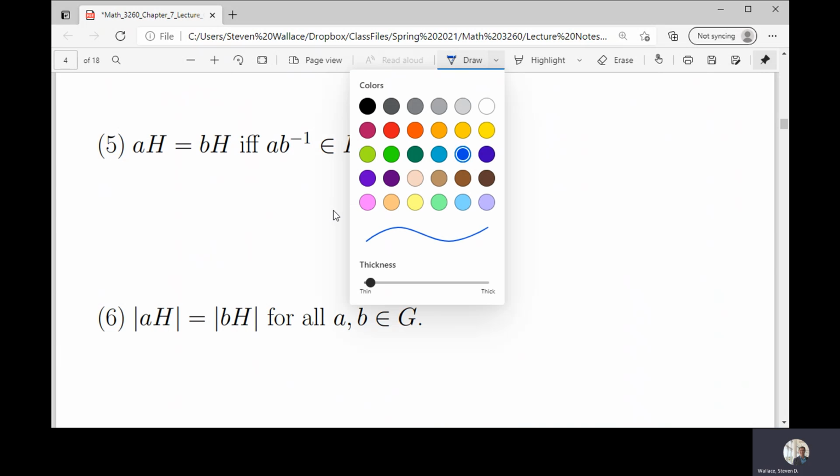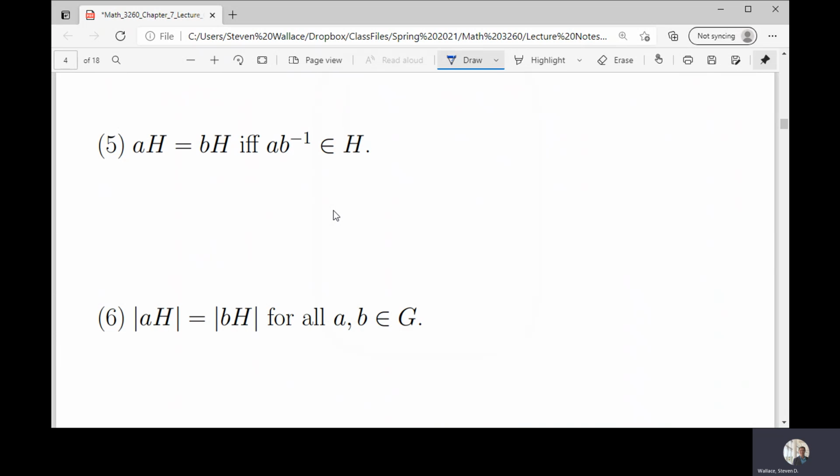This property here has to do with just how you read this equal sign. Or you could say A inverse B is in H, if you wanted to multiply on the left by A inverse on both sides.